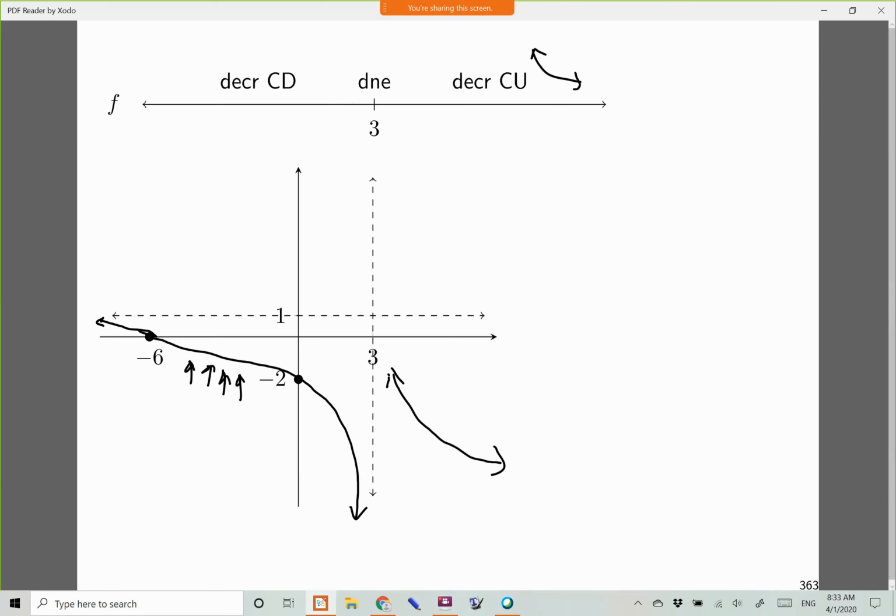The reason this is not going to work is this arrow here, you'd actually have to keep going and do this. The problem is, the picture is not perfect in terms of passing the vertical line test, but the reason this doesn't work is that it accidentally creates another x-intercept. So please be careful about that.